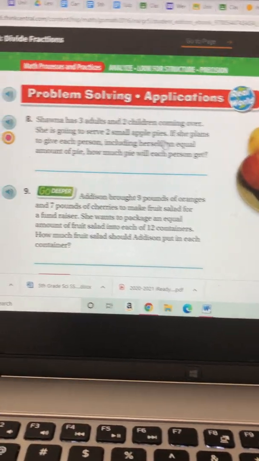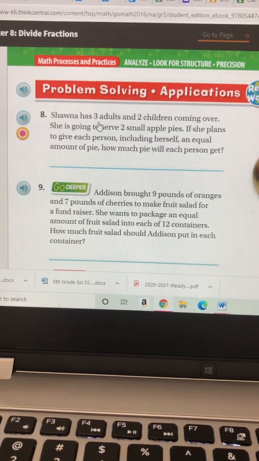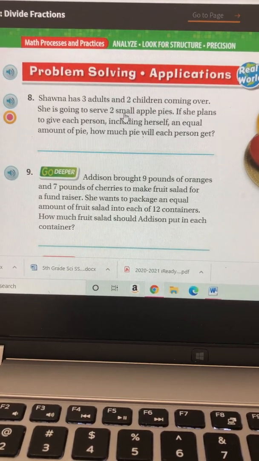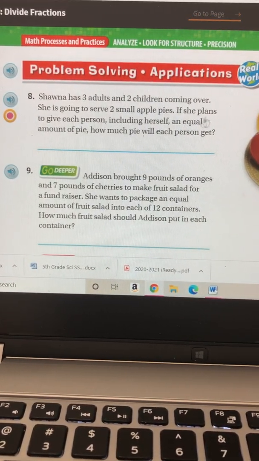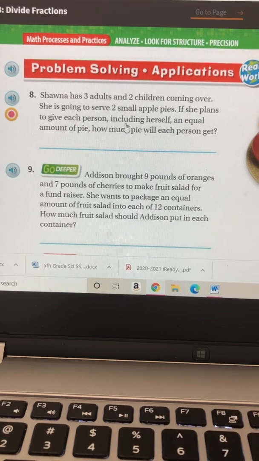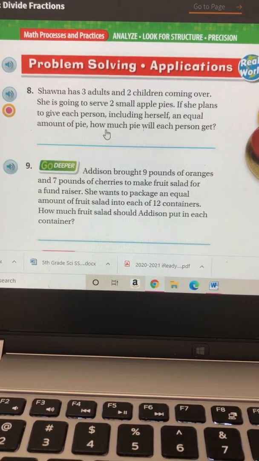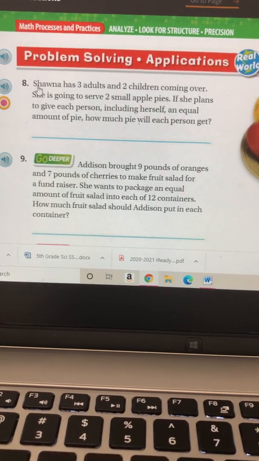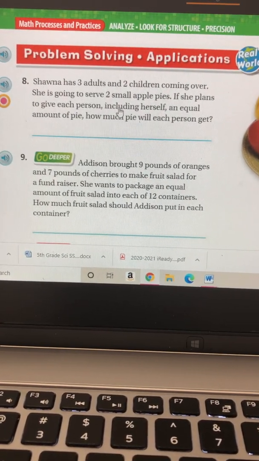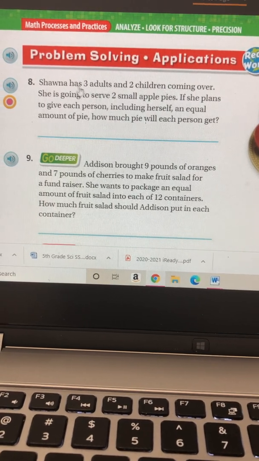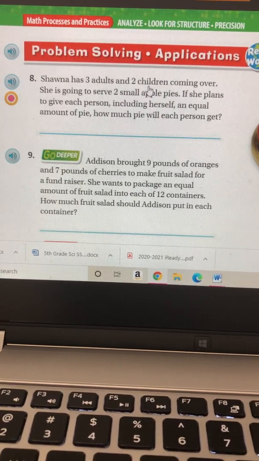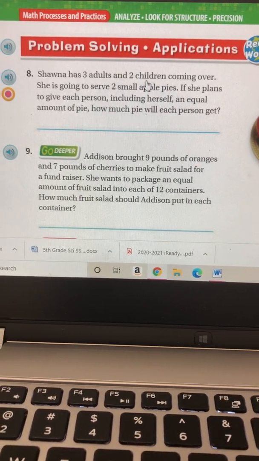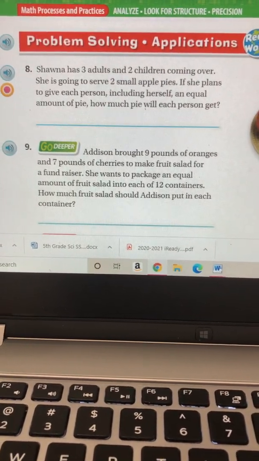Let's do number 8. Shauna has 3 adults and 2 children coming over. She's going to serve 2 small apple pies. If she plans to give each person, including herself, an equal amount of pie, how much pie will each person get? Okay? So remember, it's including herself. So it's going to be 3 adults, 2 children, that's 5 people, plus her, it's going to be 6.